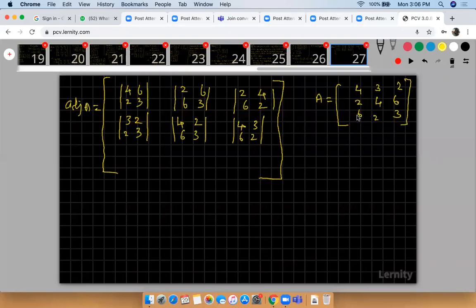Now come to that minor of this element 6. That means leave this column, leave this row, 3 2 4 6. Okay, and minor of this element, leave this column, leave this row, 4 2 2 6. Okay, and minor of this element is 4 3 2 4.